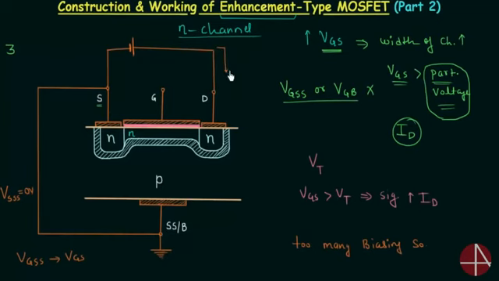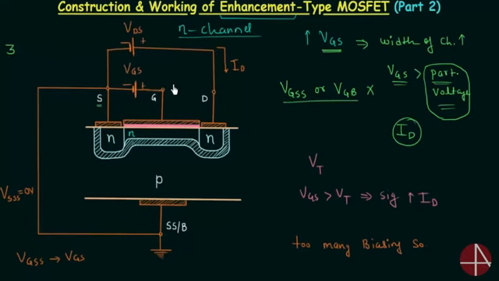Current ID will flow in this manner. Now we will make connections between source and gate, which is pretty easy. We have to make gate more positive, so I will connect the negative terminal to the source and positive terminal to the gate. So this is how you have to make the connections. This voltage here is VDS and this voltage here is VGS.